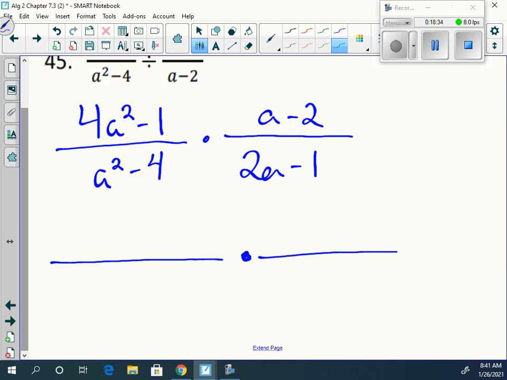Square, cube, fourth, fifth. So this here would be a difference of perfect squares, yes? So 4a squared would be 2a and 2a. 1 is, well, 1 and 1, and we have opposite signs.